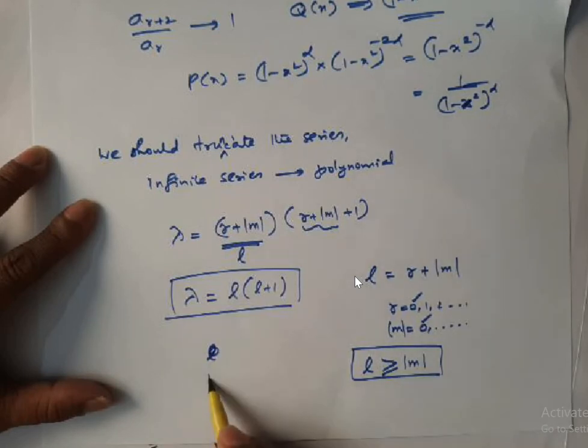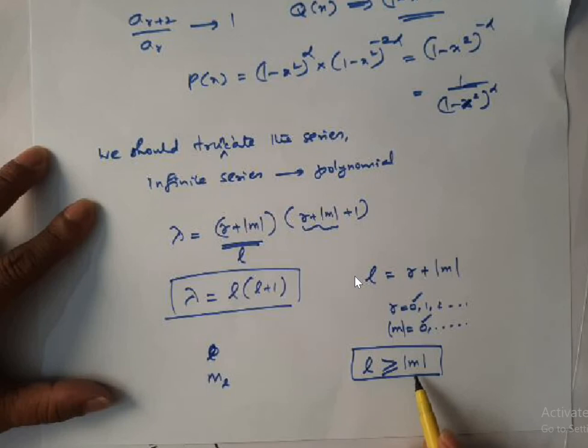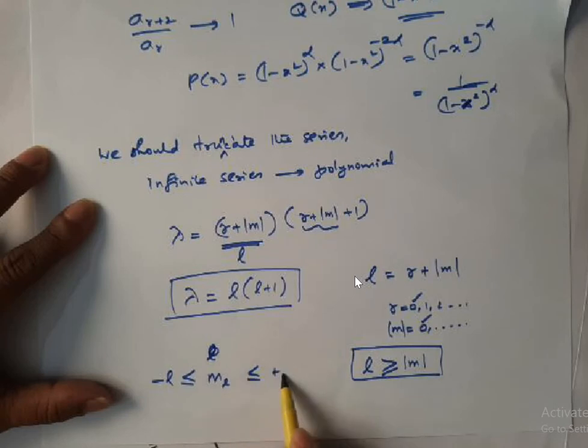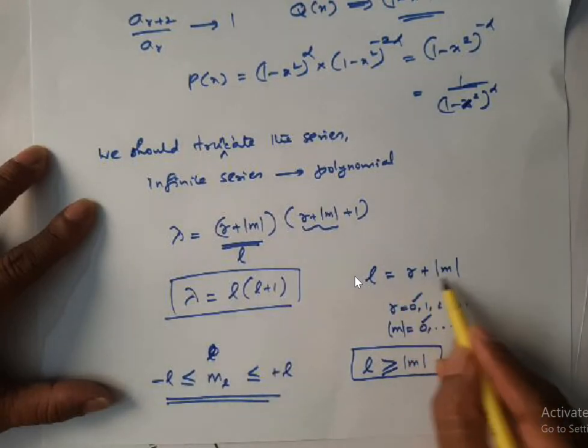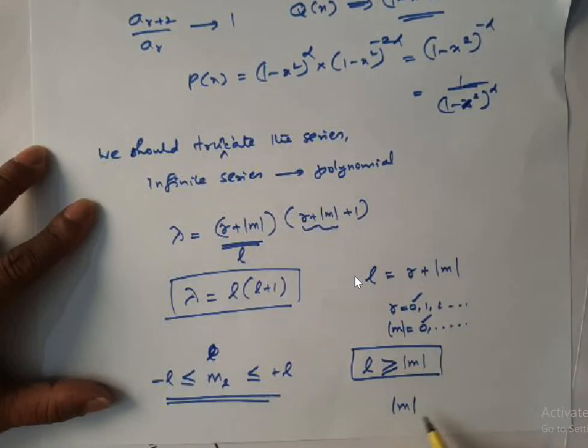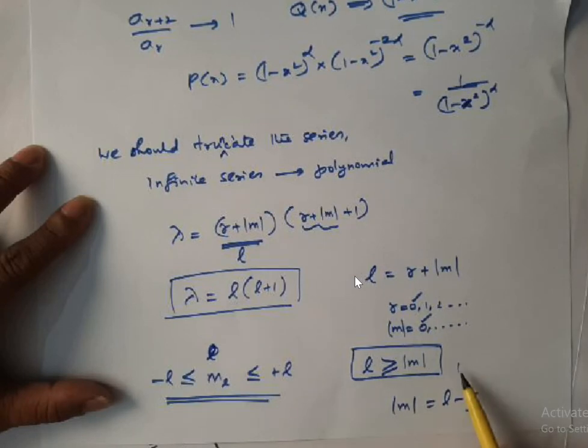Or we can say otherwise that this m_l can take values from minus l to plus l. Actually, I am replacing m with m_l now. You can say it the other way. What is m here? m equal to l minus r. So r can be 0, 1, 2, 3.